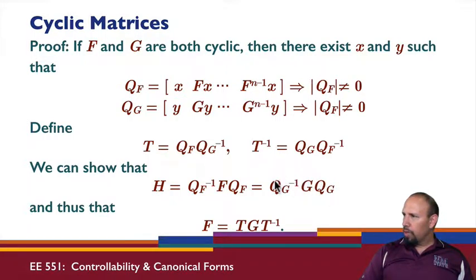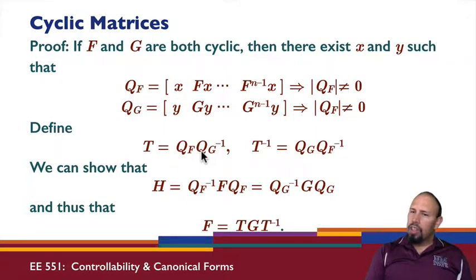So this similarity transformation is equal to this similarity transformation. And since these two are equal to each other, I can multiply on the left by QF, on the right by QF inverse, and I get this quantity, where T is given by this. So I have shown this.